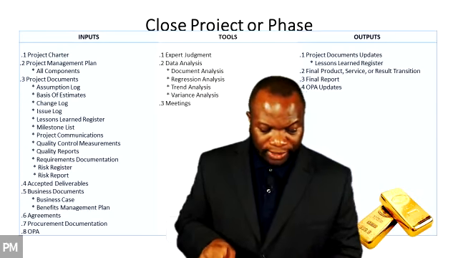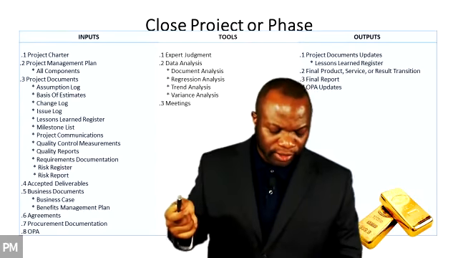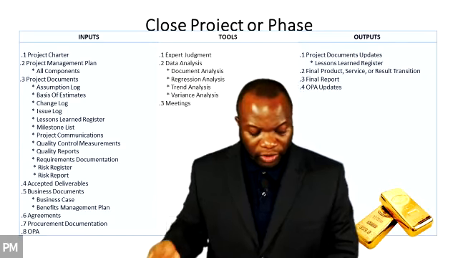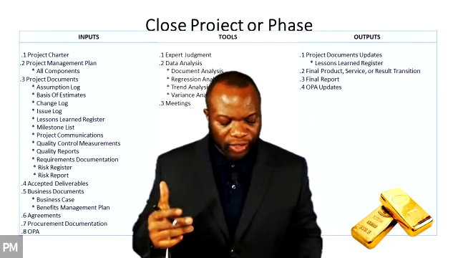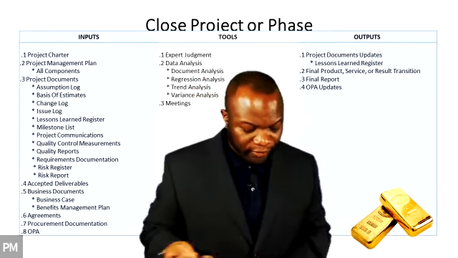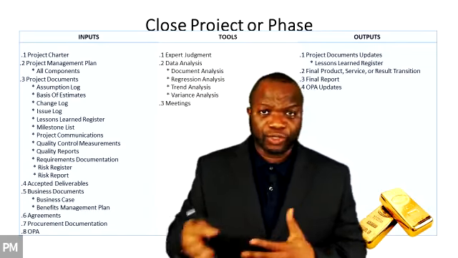Trend analysis is the next one. Trend analysis, this is looking for trends, and it could be trends in terms of cost, in terms of schedule, whatever the outcome eventually was. You could look at the trend over time from the beginning to the end. Variance analysis looks at what you planned versus what you got.